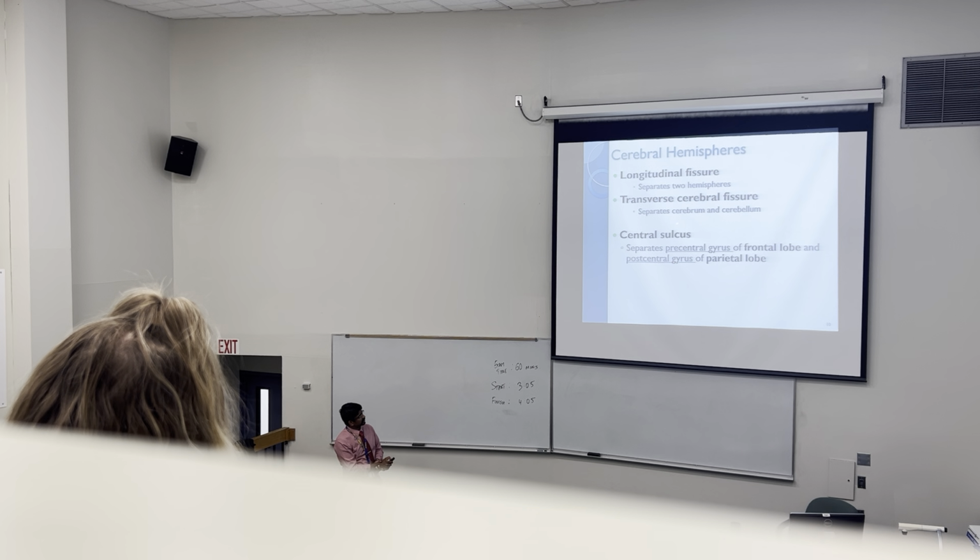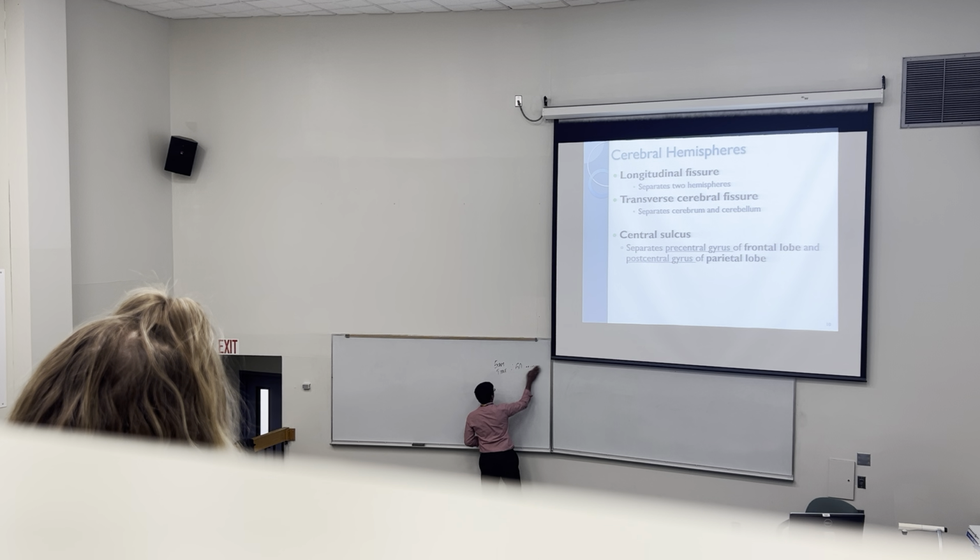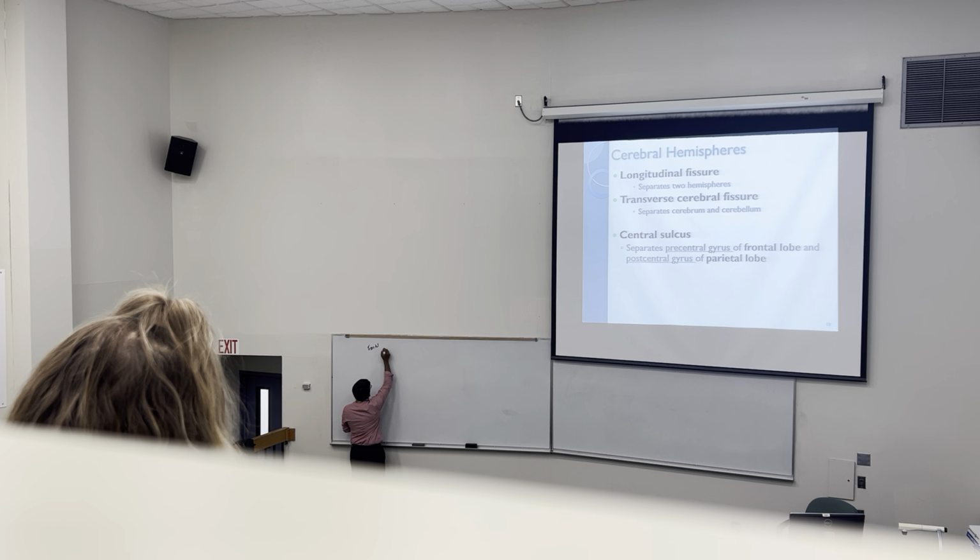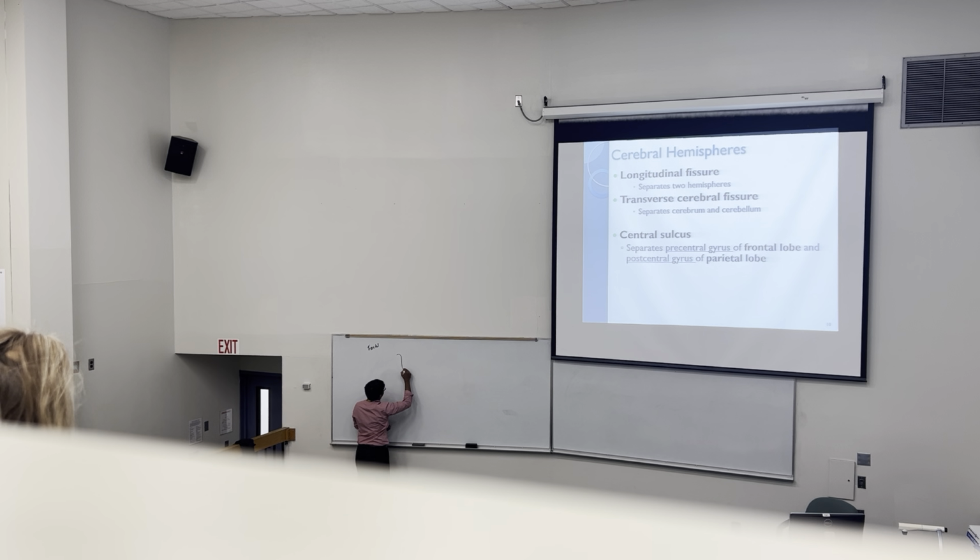So the central sulcus separates the frontal lobe from the parietal lobe. Ignore what it says prior to that for a second. Let's say this was anterior, so this is the frontal lobe.